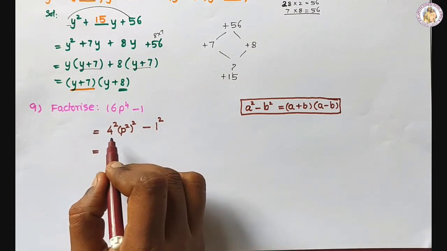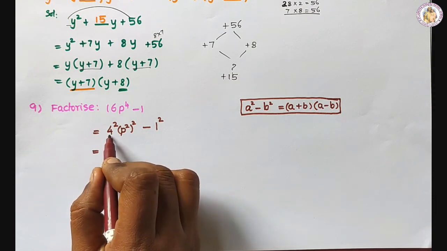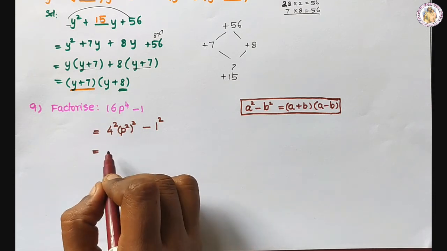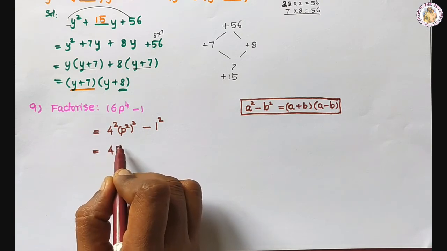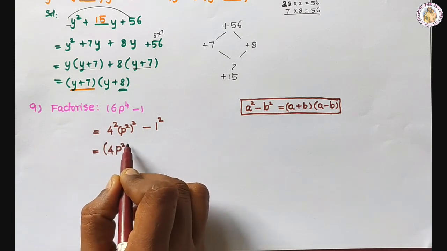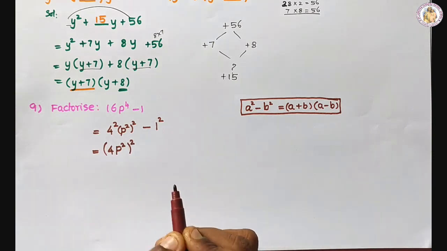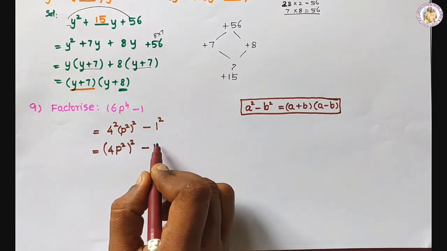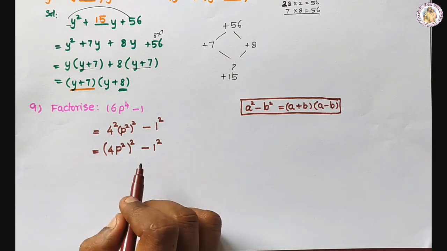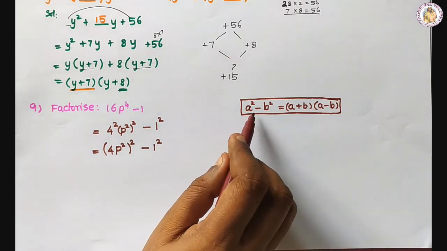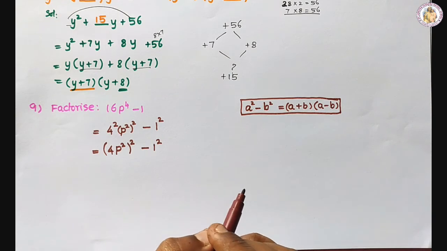Now 4 squared p squared whole squared, this can be written as 4p squared whole squared minus 1 squared. Listen, it is in the form of a squared minus b squared format.